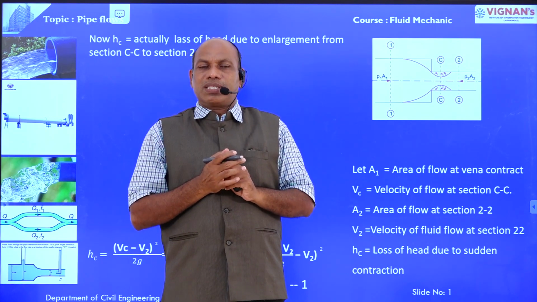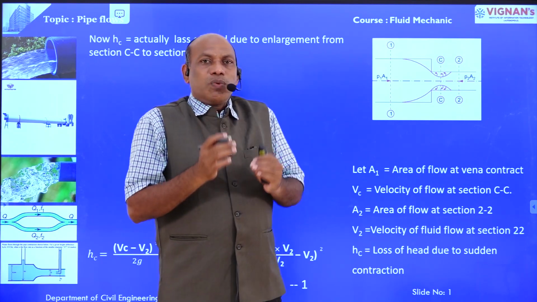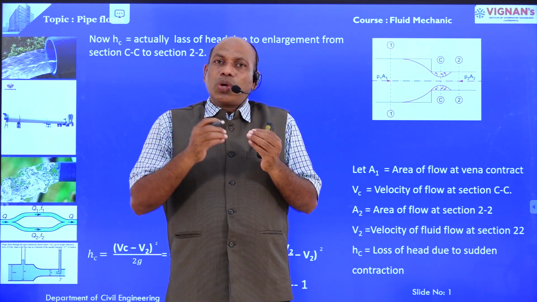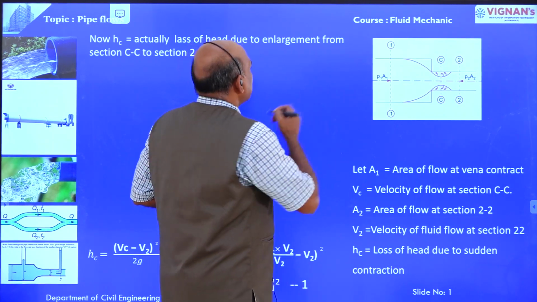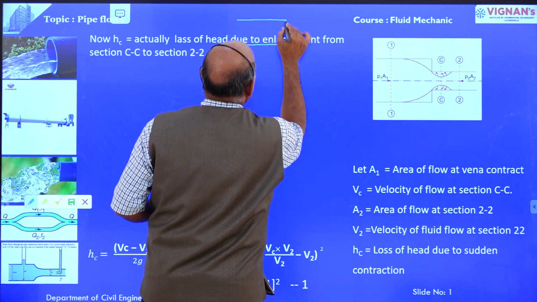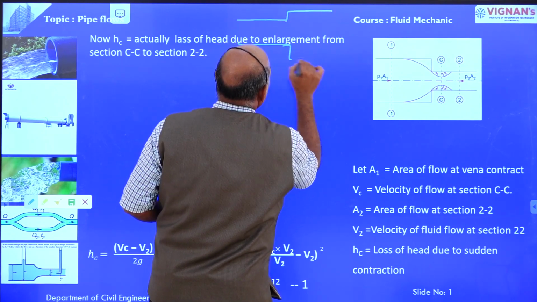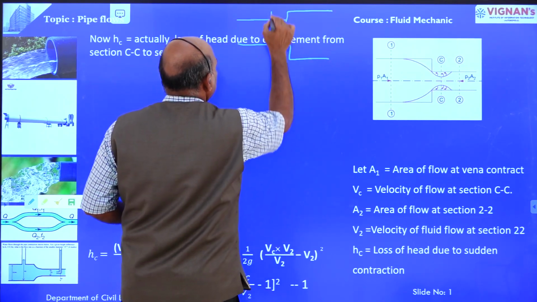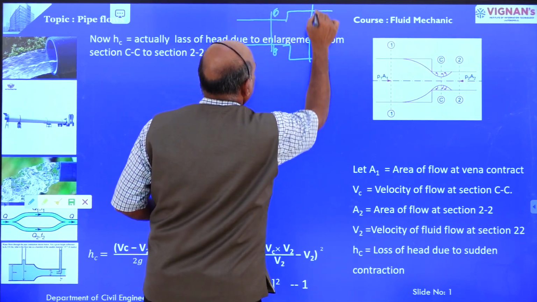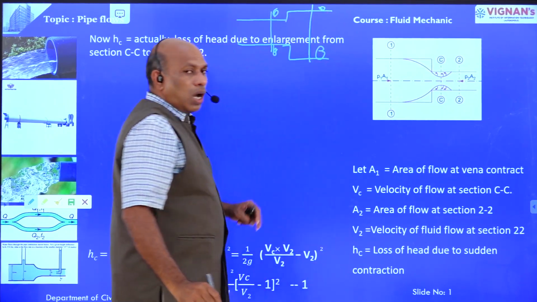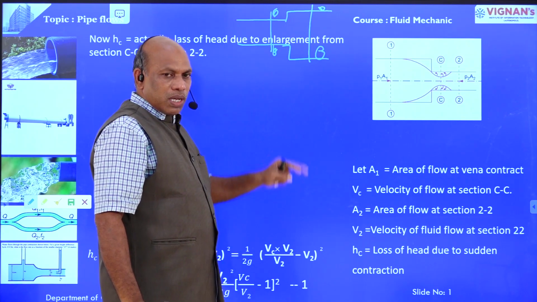This is one minor loss. Already we have derived the head loss due to enlargement. That formula is, this is the diameter of the pipe. The diameter of the pipe gradually or suddenly increases here. This is section 1-1. This is section 2-2. Already we have derived it for the expansion.